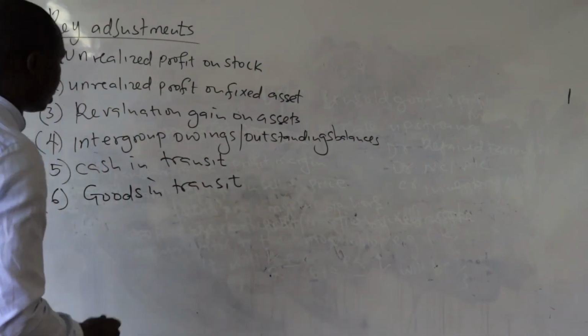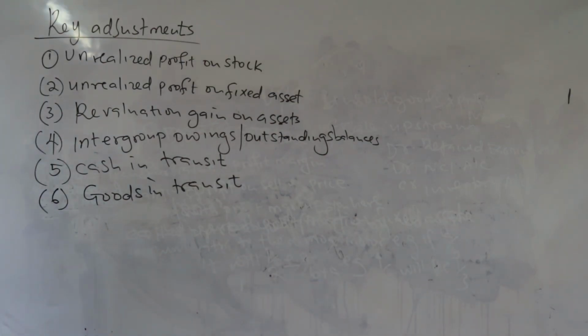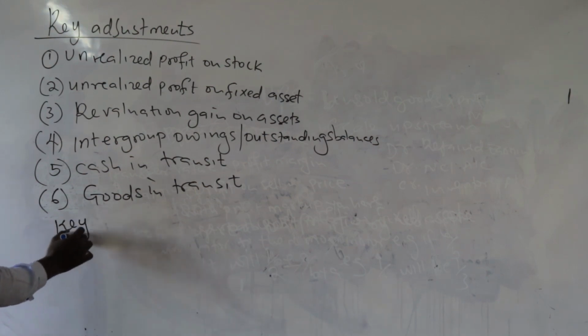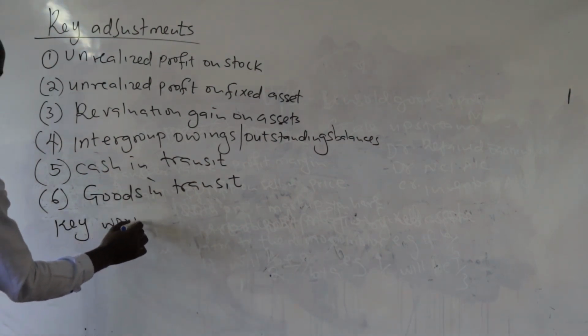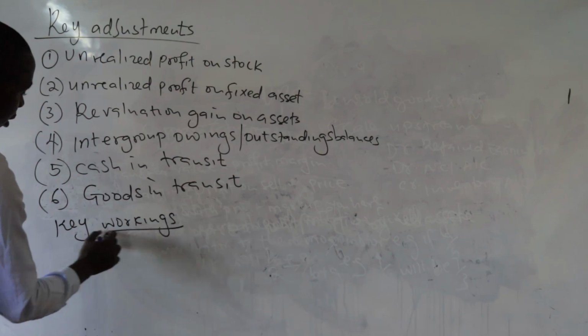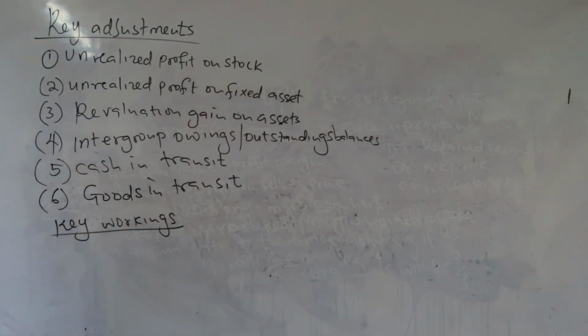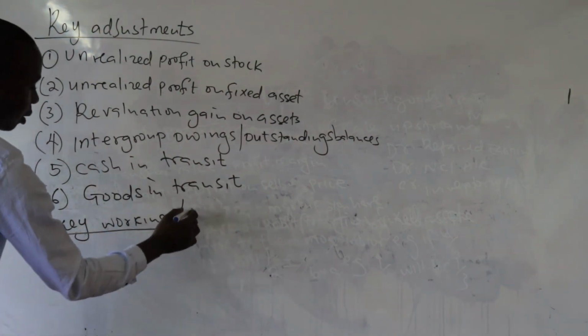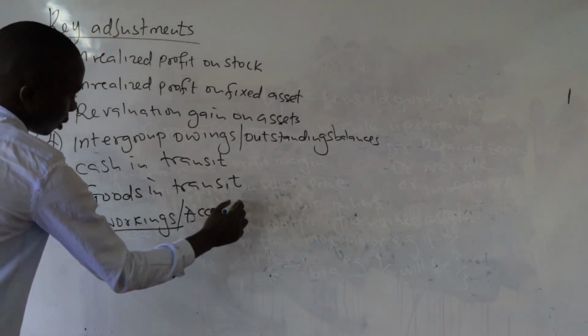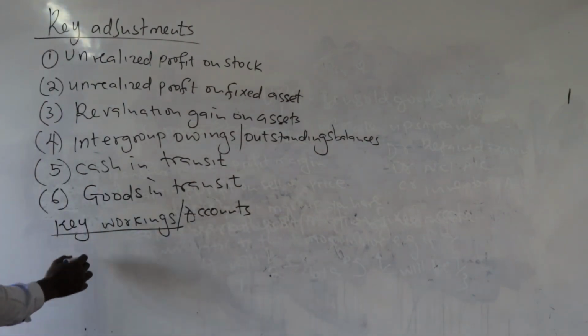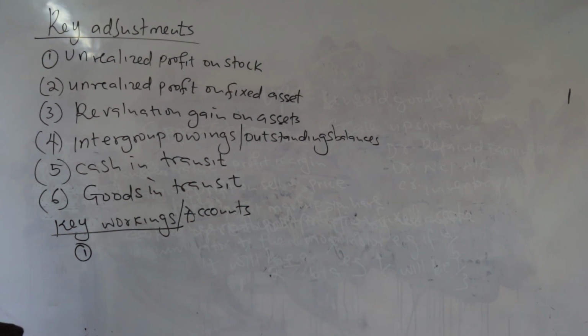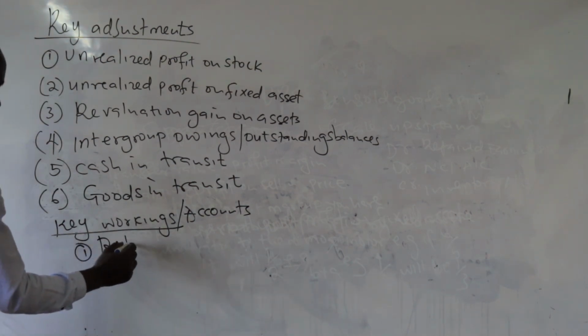After talking about those key adjustments which you need to make, we have other key workings, or key accounts. Number one is the account concerning the retained earnings.